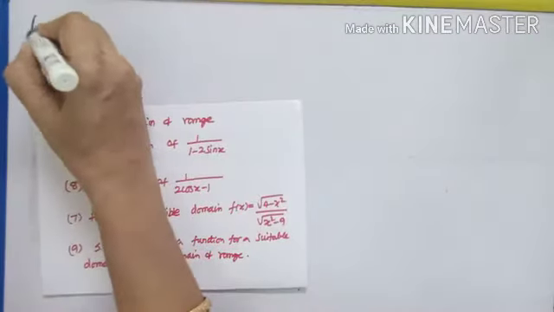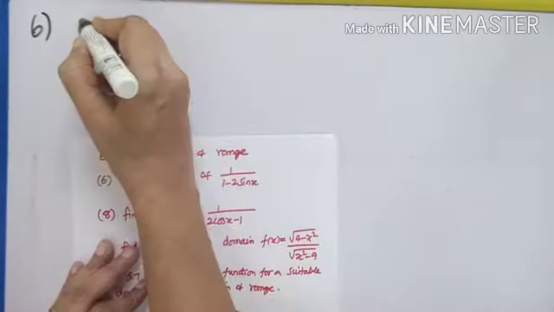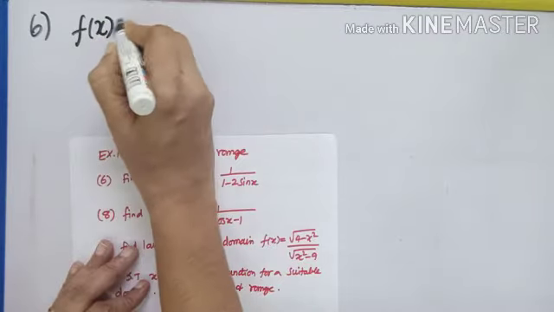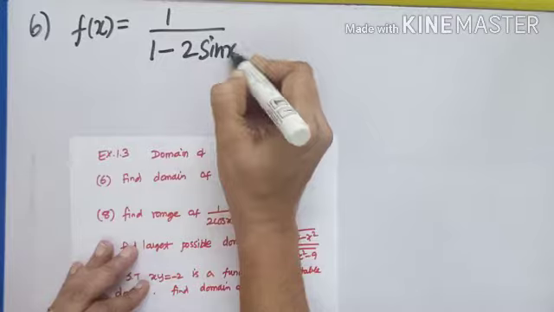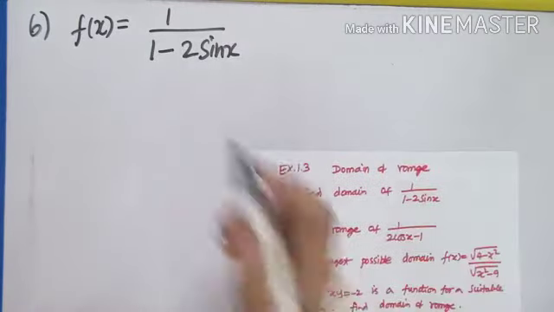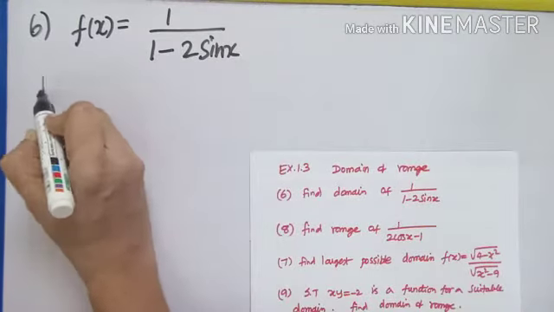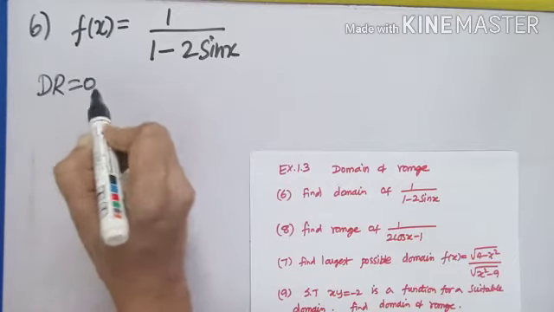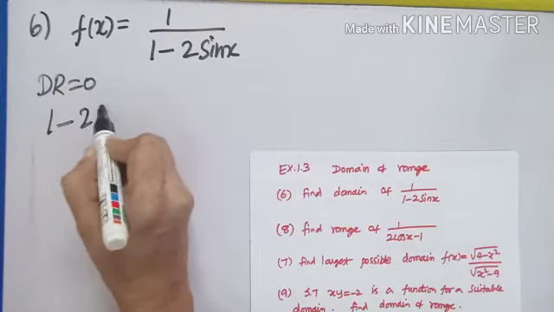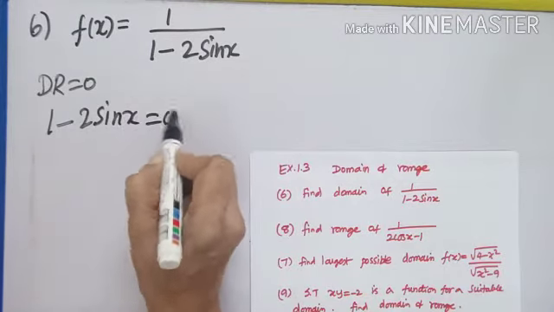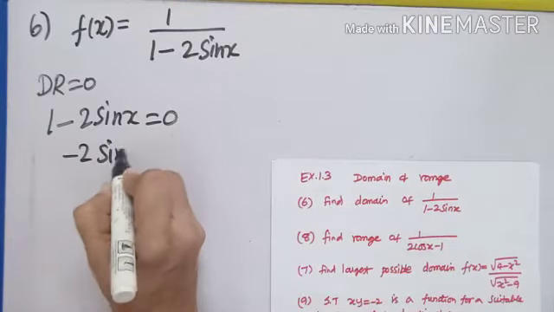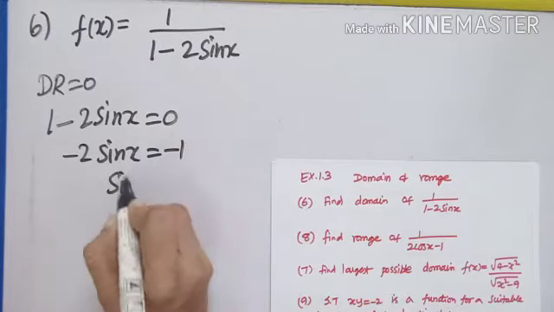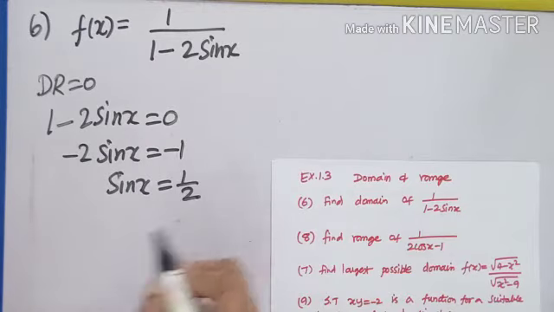Question number 6. Find the domain. The function given is 1 by 1 minus 2 sin x. Now what is the condition? There is a denominator. So put the denominator equal to 0. 1 minus 2 sin x equals 0. Or this tells me minus 2 sin x equals minus 1, or sin x equals 1 by 2.